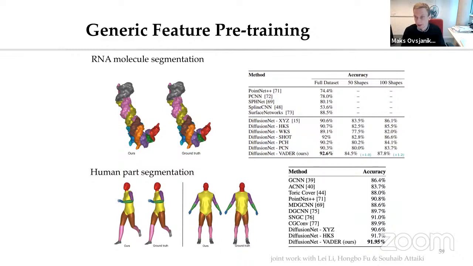With some additional tools, using topology tools, you can promote implicit surfaces that represent only a single connected component, and you can learn this in an end-to-end way. This is something we worked on that could be useful. I mean, this is just pure advertisement.